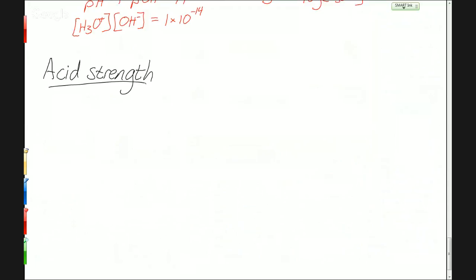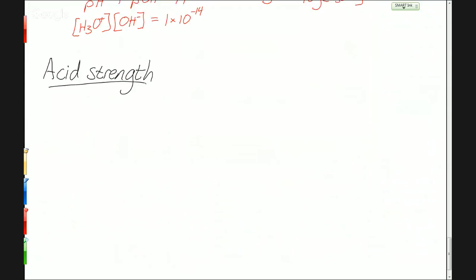So when we think of a strong acid, we think of something that is dangerous, something that burns us, something that eats through the floor, like acid in the movies. But in chemistry, when we talk about strong and weak acids and bases, what we're really talking about is electrolytes.